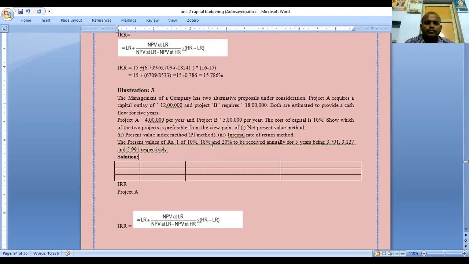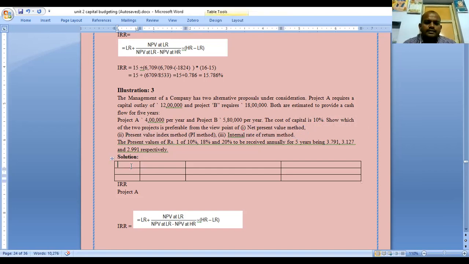So we have to decide which project gives benefit, and tell our decisions by using these techniques and which one is preferable according to these techniques.